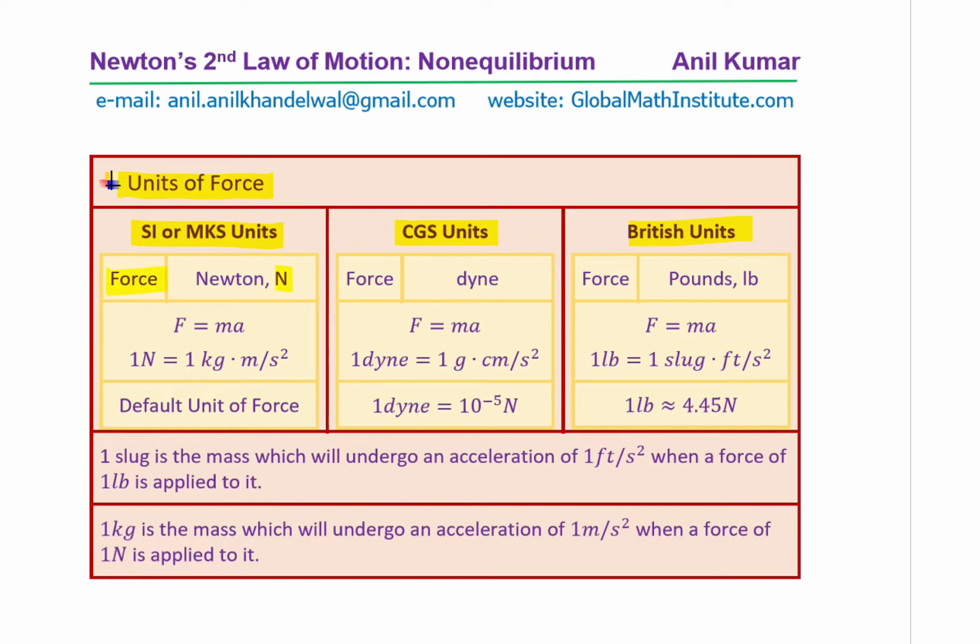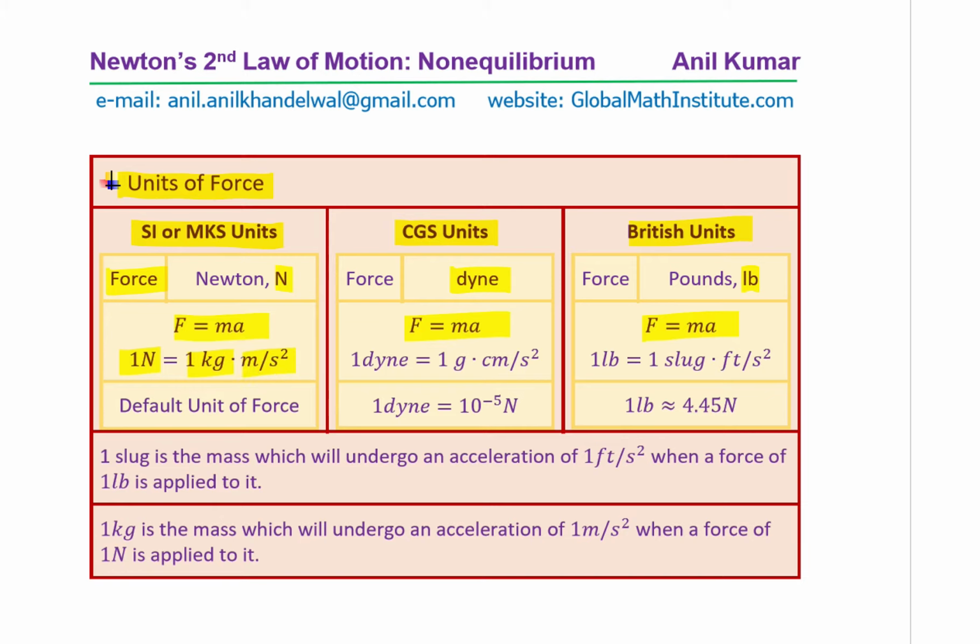When we talk about CGS, the force is represented in dyne, and pound represents the force in British units, correct? Well, the formula is the same, F equals ma, mass and acceleration. Acceleration is in meters per second square in MKS units, and mass is in kg. So 1 Newton is basically equal to the product of kg and meters per second square, right?